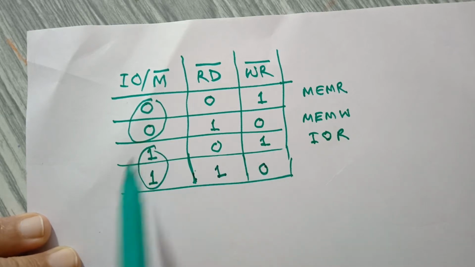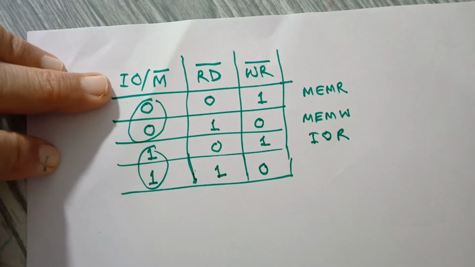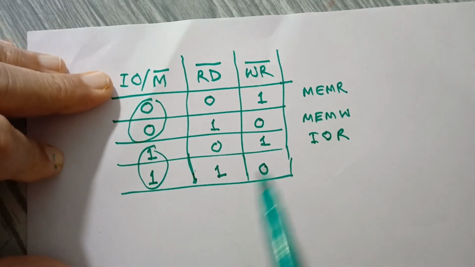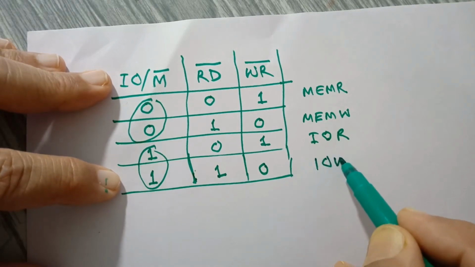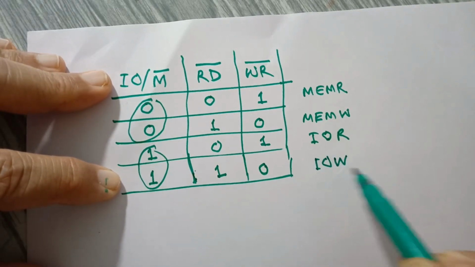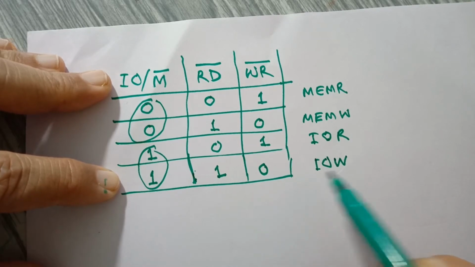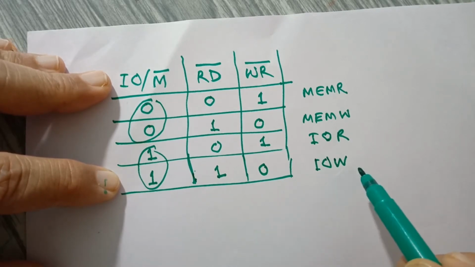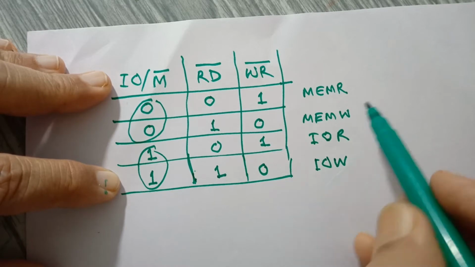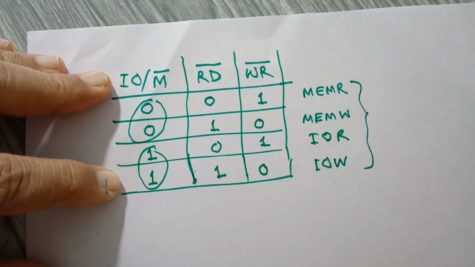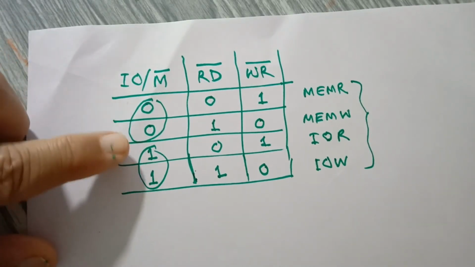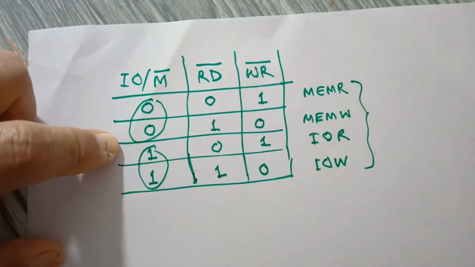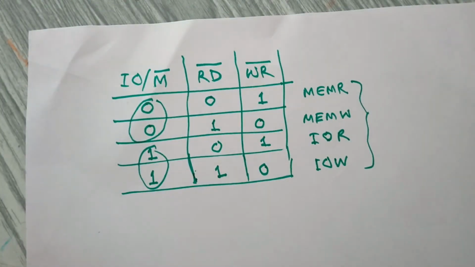So this 1 means the operation is associated with IO, and this WR bar 0 means it is writing. So this is IO write. IO write means the microprocessor will give out data or write the data to an output device. So there is a clear-cut distinction whether the operation is associated with IO or with memory, reading and writing. So this is the purpose of these three important pins.